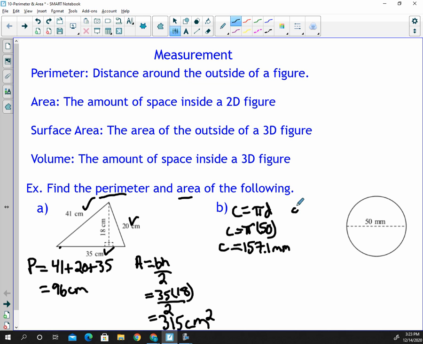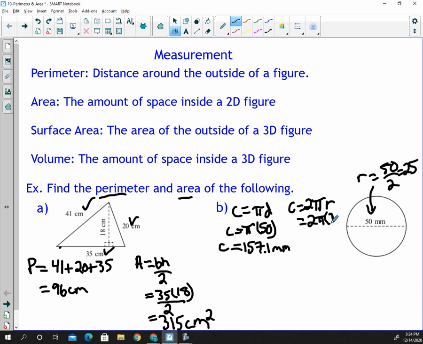The other formula that was given on the formula sheet is that the circumference equals 2 pi times the radius. I'm going to leave the pi for now. The radius, just a reminder, is half of the diameter. So the radius here is equal to 50 divided by 2, or 25 millimeters.